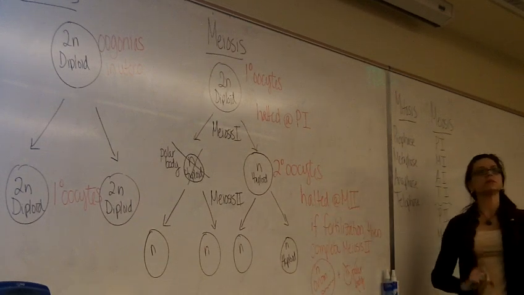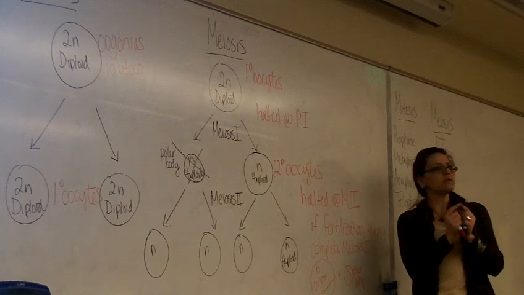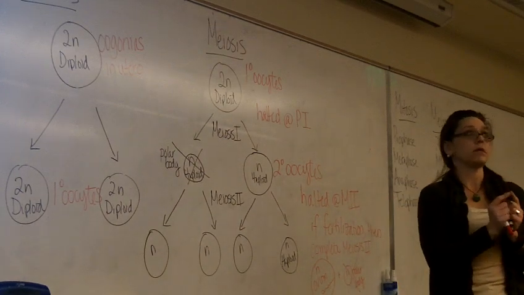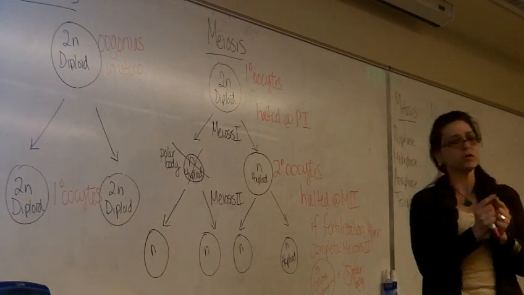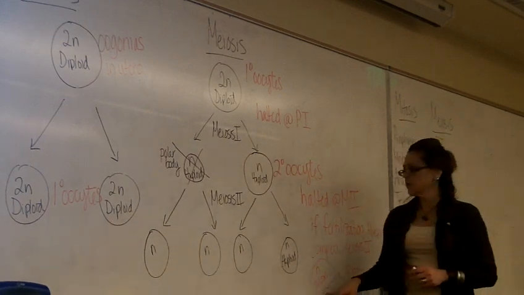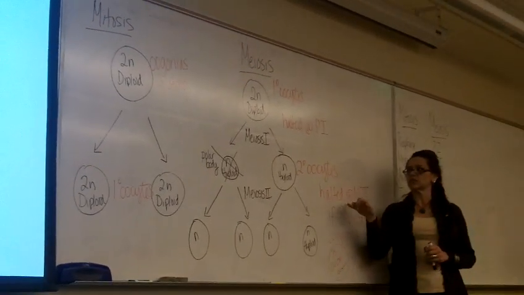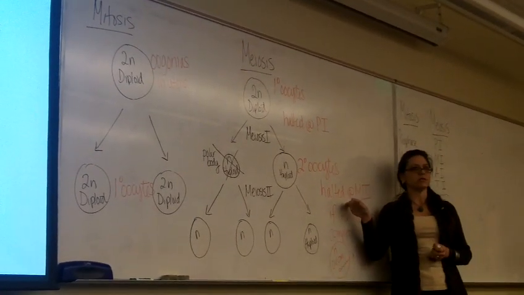It's a misconception that when fertilization occurs, that's the moment of conception. It is not. When fertilization occurs, the sperm is fertilizing this ovulated secondary oocyte that's halted at metaphase 2.